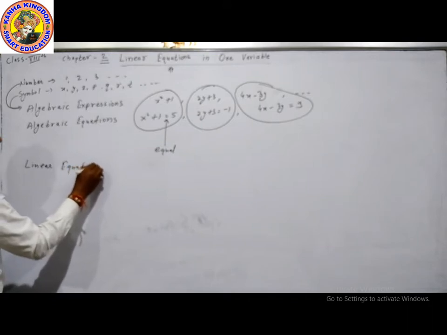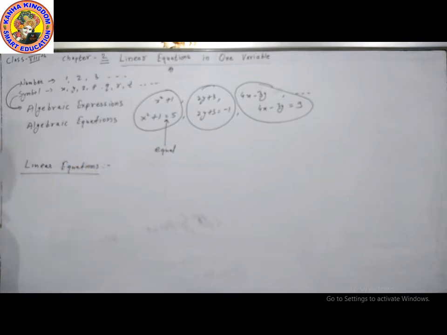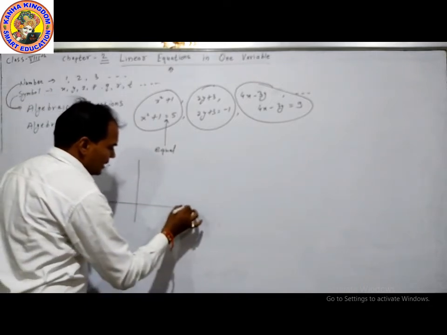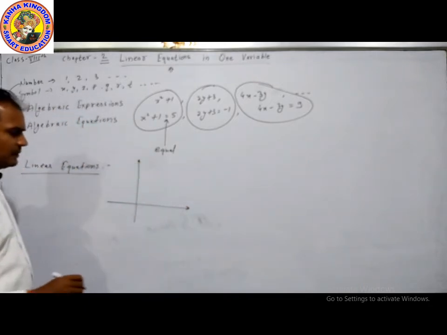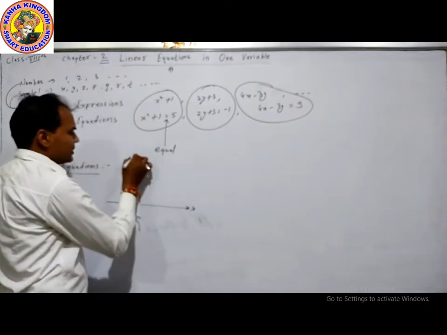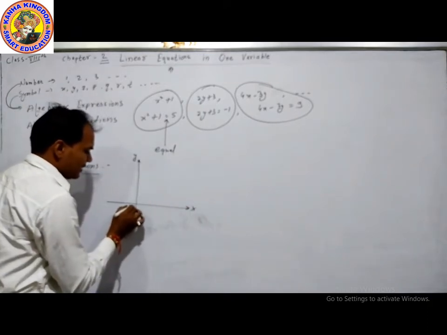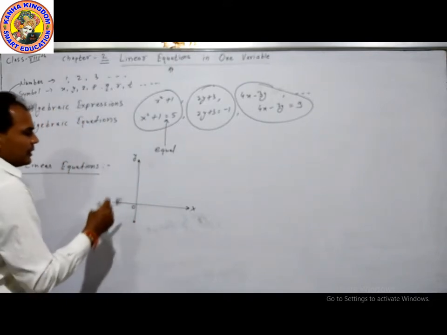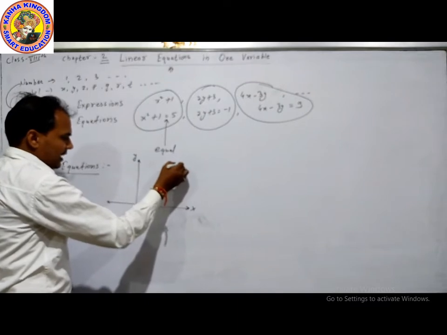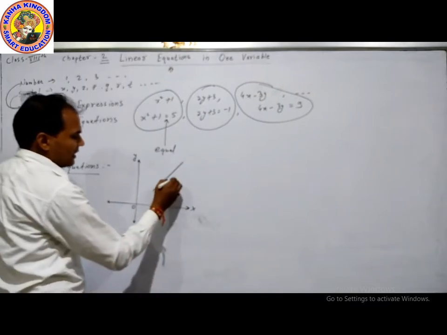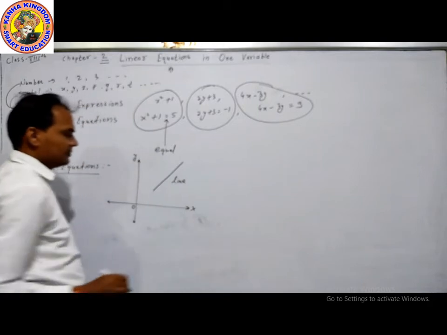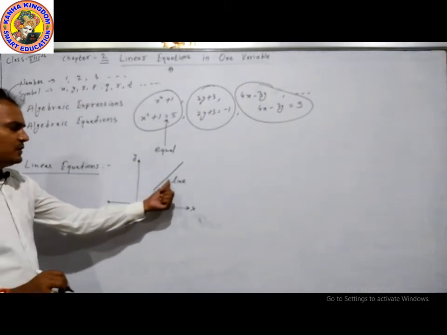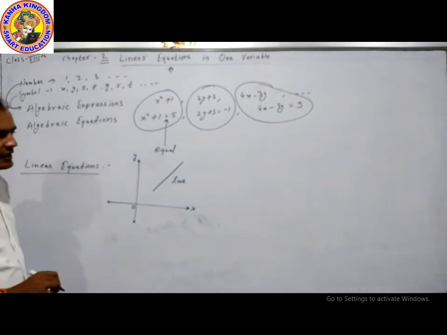In graphical terms, when we draw a graph, this is the x-axis, this is the y-axis, and this is the origin O. When we draw a diagram and it looks like a line, then the equation of this line is called a linear equation.